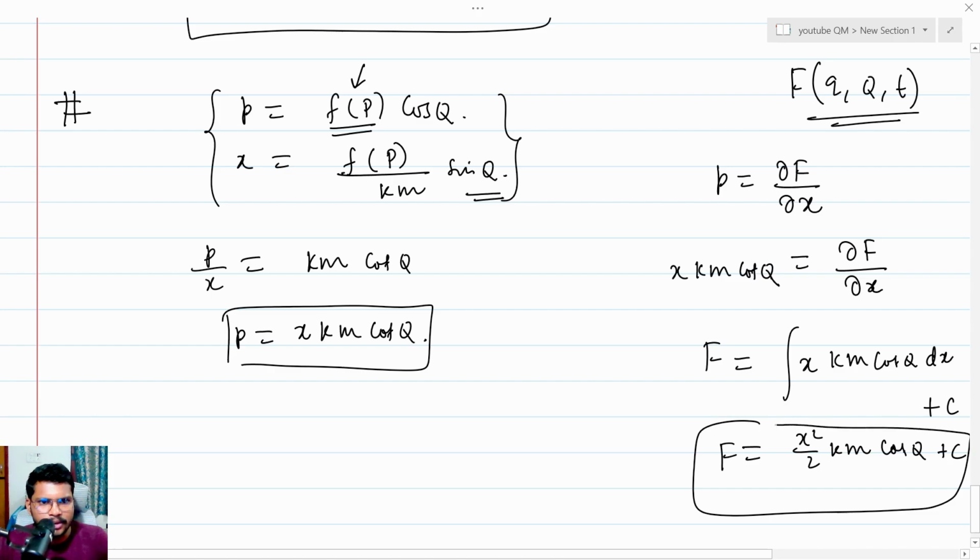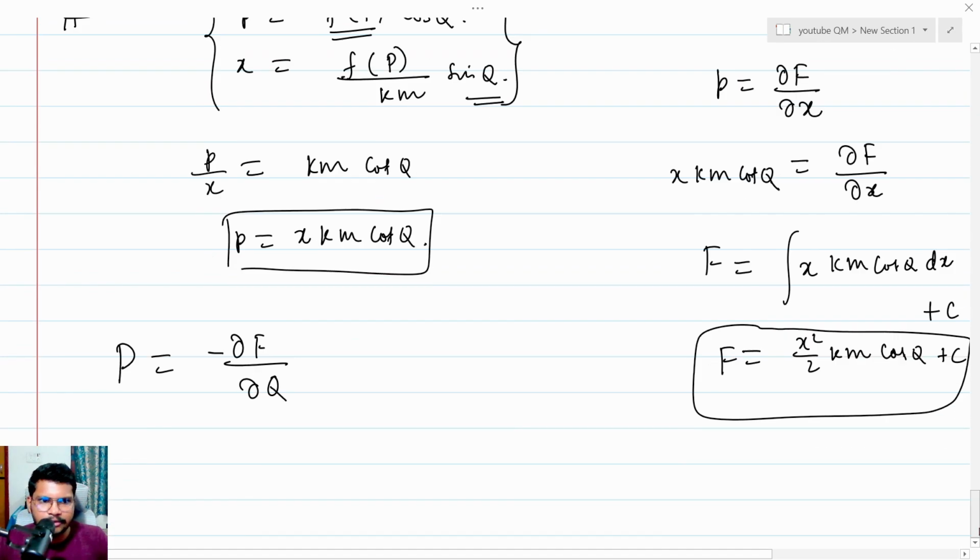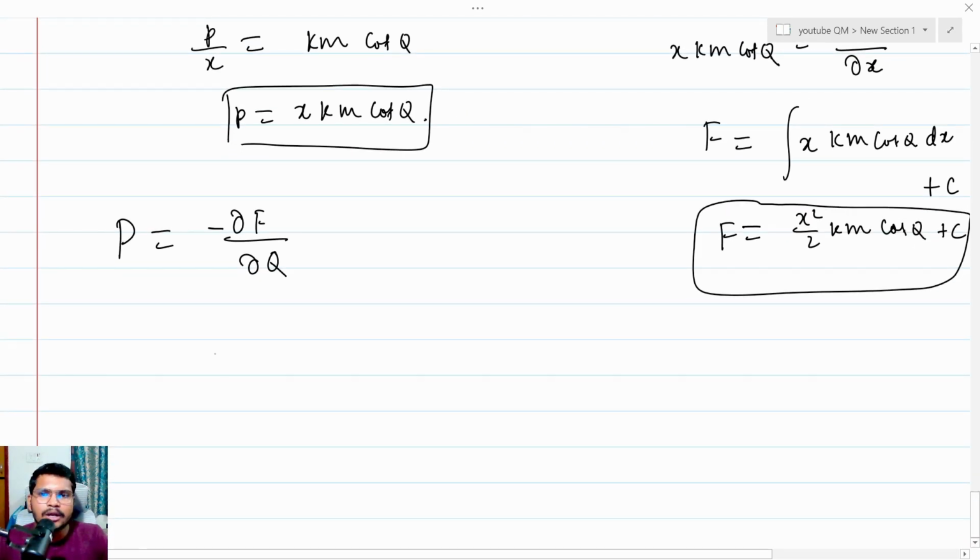Now I know what is my F. Now once I know what my F is, I can easily find out another quantity that is called bigger P, which will tell us that, okay, whatever F you got, take the derivative with respect to the coordinate Q. And it will simply tell us, okay, take the derivative of cot Q. These guys are becoming constant. This is again a constant. There is no problem.